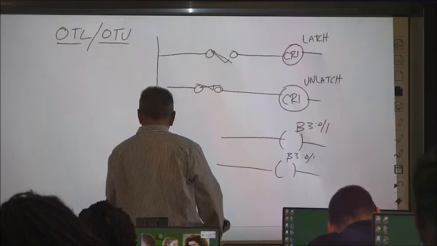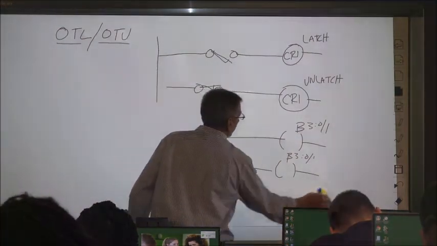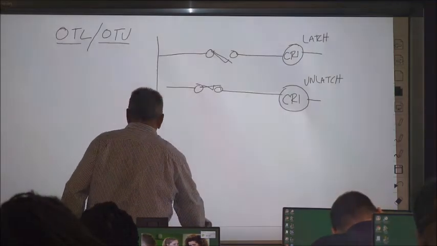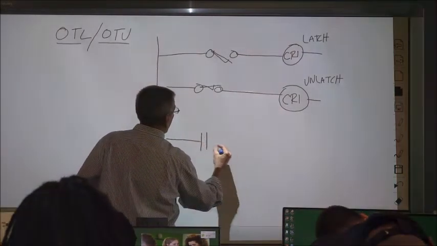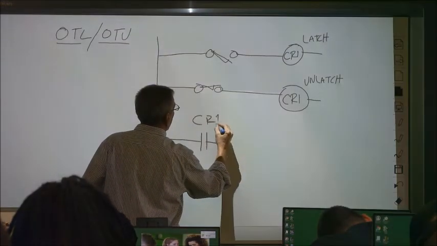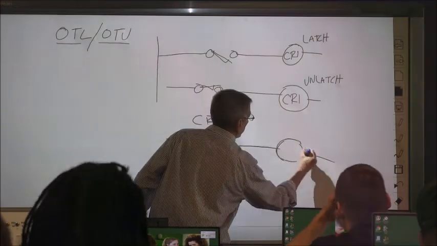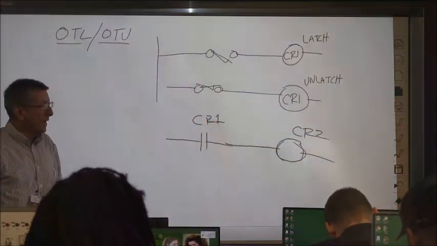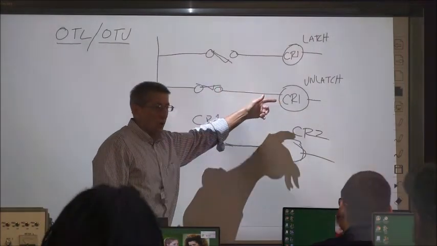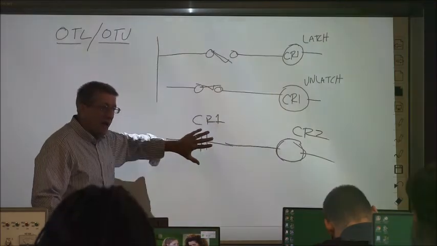And it would be the same relay? Yes. So we had two coils in these things. We had a latch coil and an unlatch coil. As soon as we latch up, the contact closes.